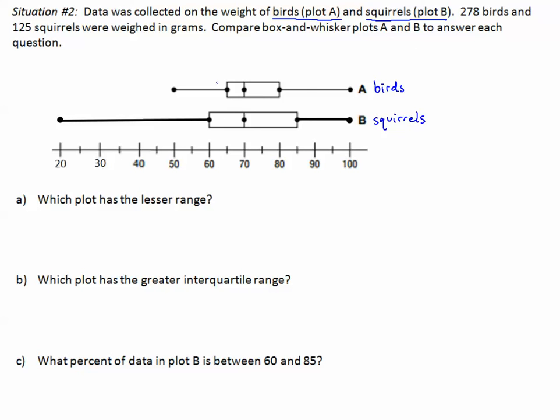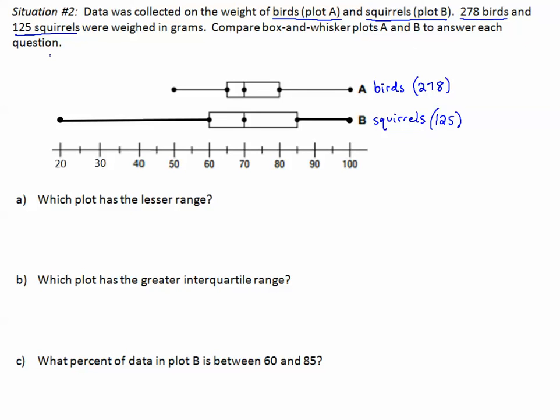Sometimes if our box and whisker plot is not labeled, it's good to do that first. 278 birds, so we know that altogether there are 278 of them, and 125 squirrels, so altogether there are 125 of them, were weighed in grams. Compare box and whisker plots A and B to answer each question.